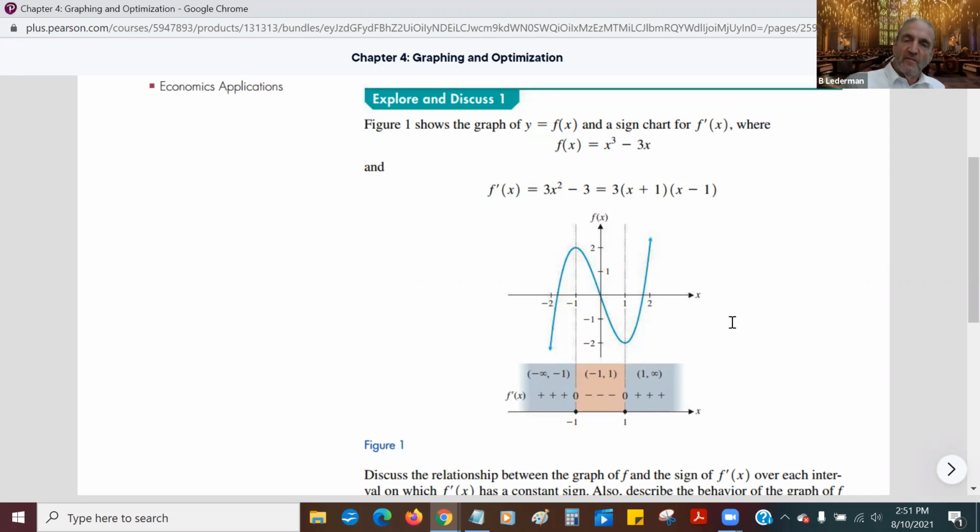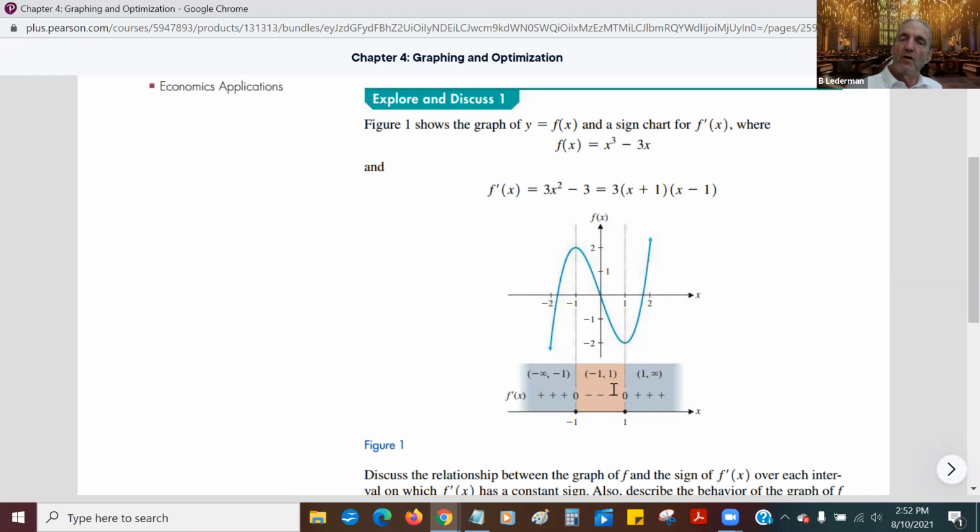Anyway, notice if I draw a tangent, you see how the tangent over here would go in the positive direction. The tangents in this part would be in the negative direction. The tangents in that part would be in the positive direction. We'll also notice that the derivatives over here are positive, which makes sense because the tangents are going upward.